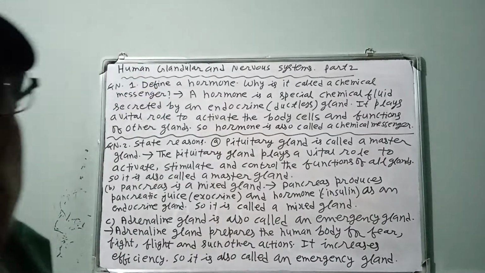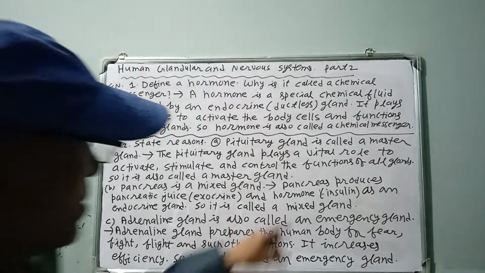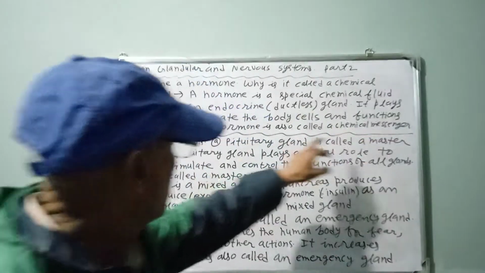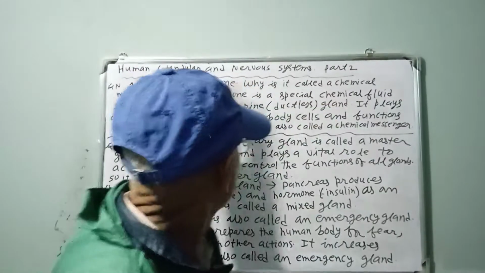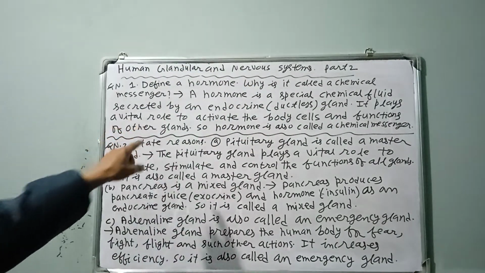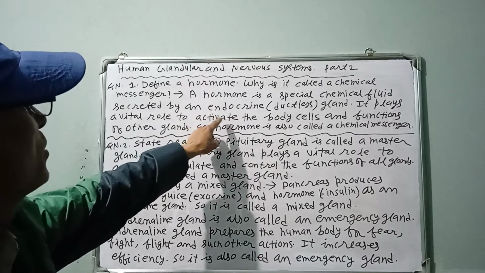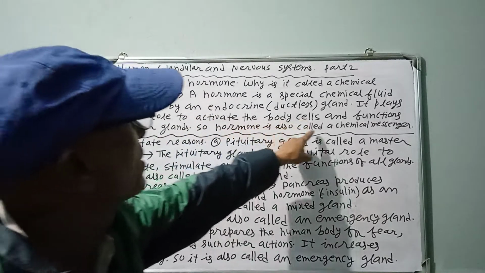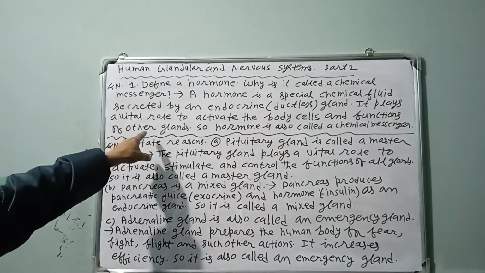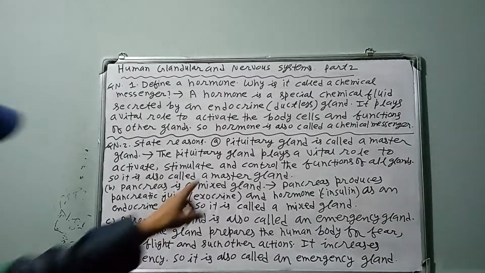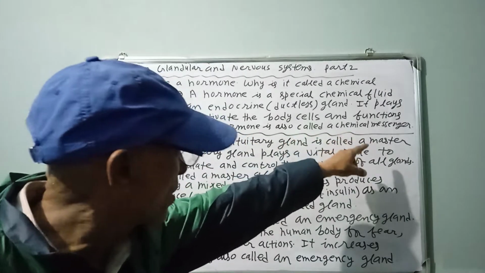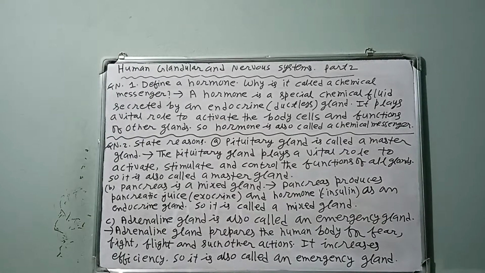The name is endocrine gland or ductless gland. Ductless means no duct. It means the hormone plays a vital role to activate, stimulate the body cells and functions of other glands. So hormone is also called a chemical messenger.